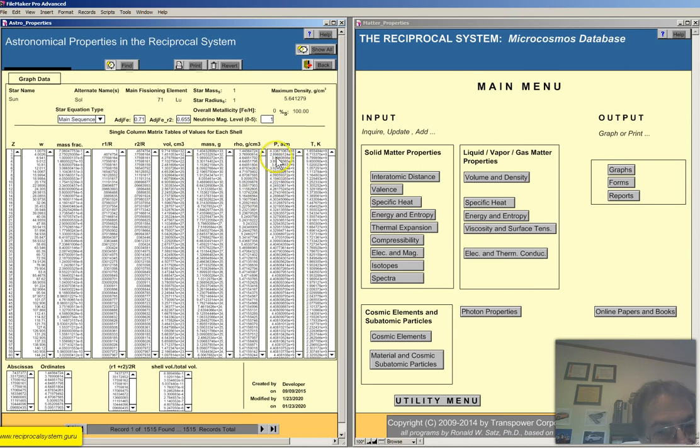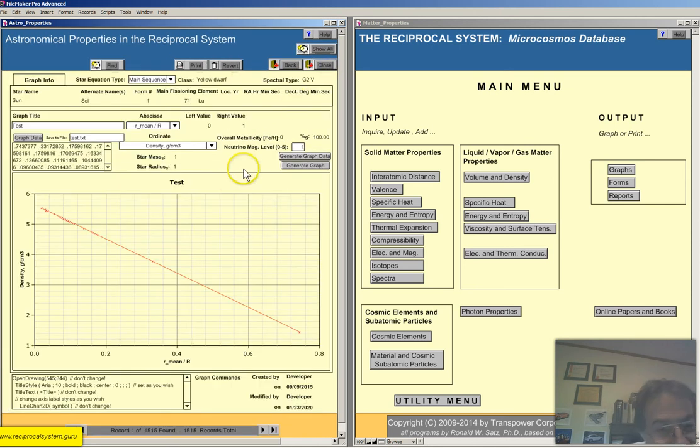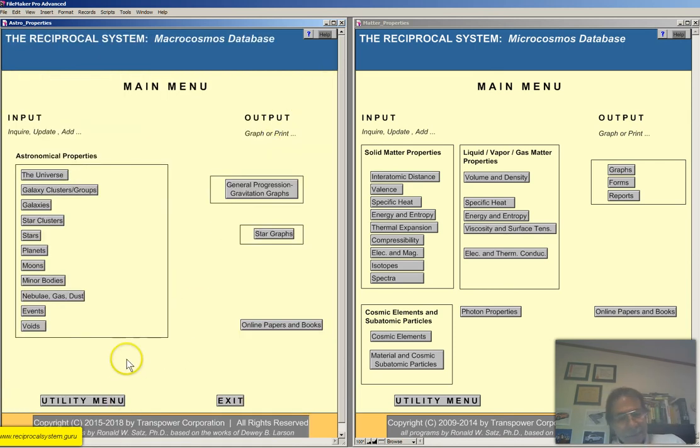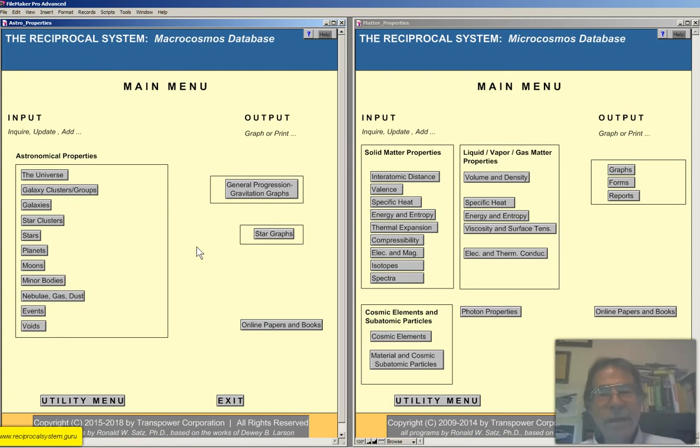All right, so all the data is in here. That's enough, so I'm going to hit back. It comes back to here, and I'm going to hit close. All right, so now you know all about the graphs in the Reciprocal System Macrocosmos database.